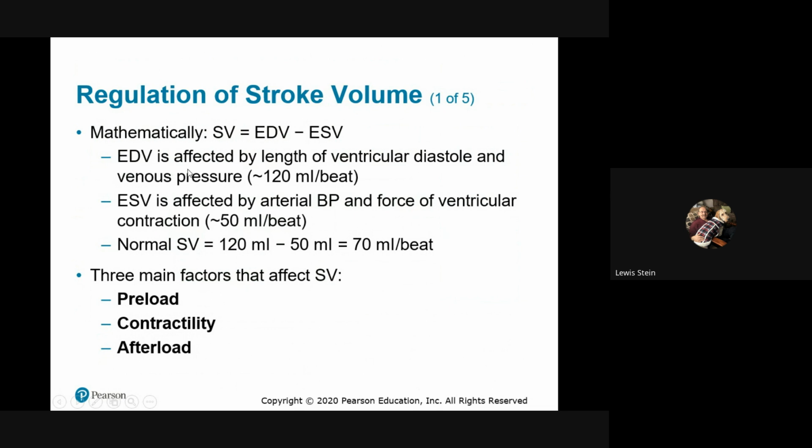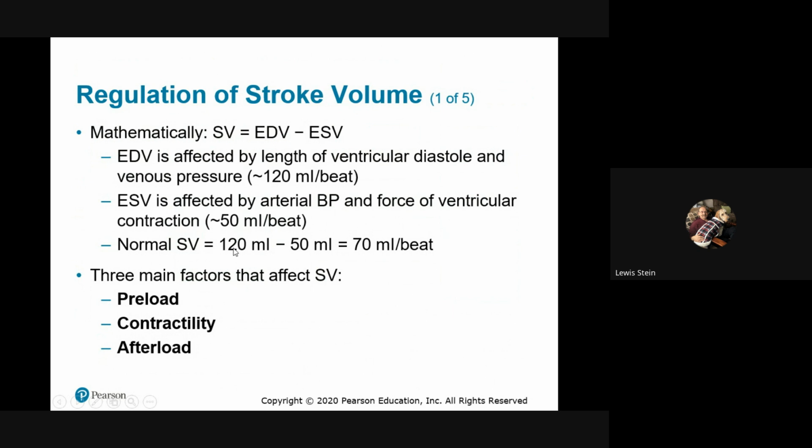The end diastolic volume is affected by length of the diastole and venous pressure. The end systolic volume is affected by your blood pressure and the force of contraction. We want to maximize this. Okay, and we optimally keep this consistent, but at the maximum level that is necessary. So again, this is what we call the ejection fraction.